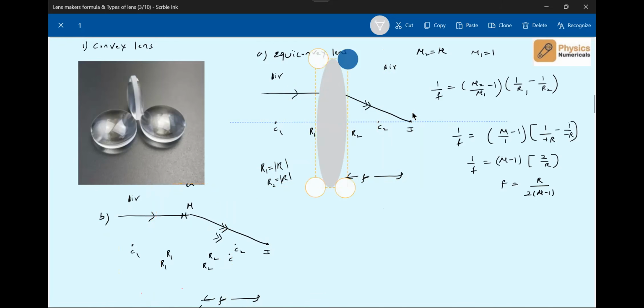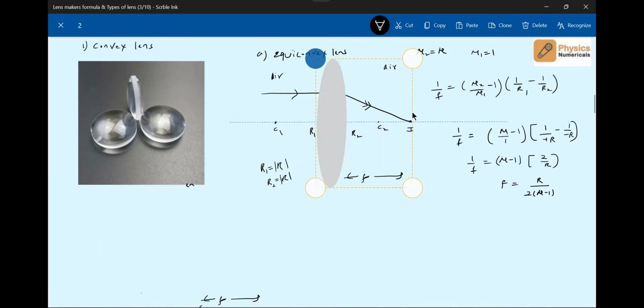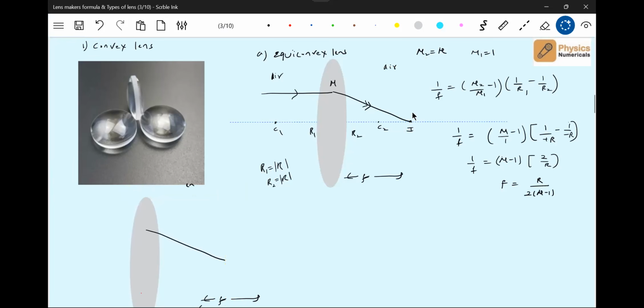A second type, in this one only, convex lens only.